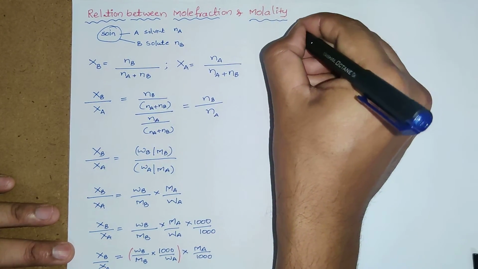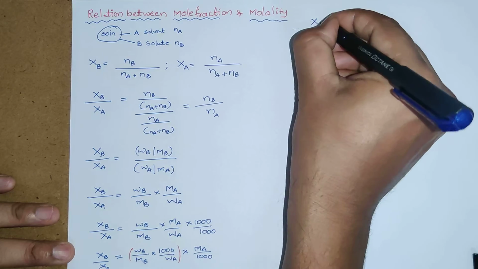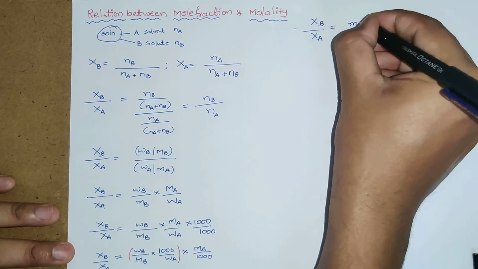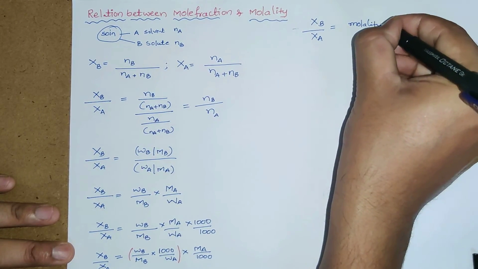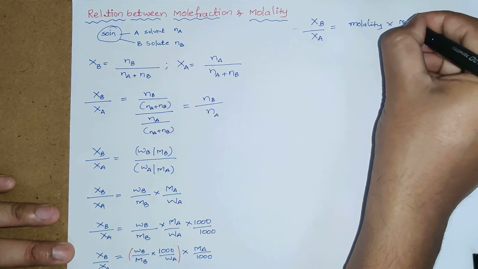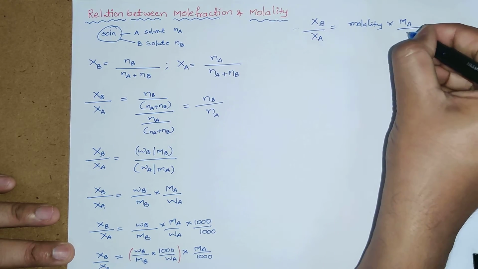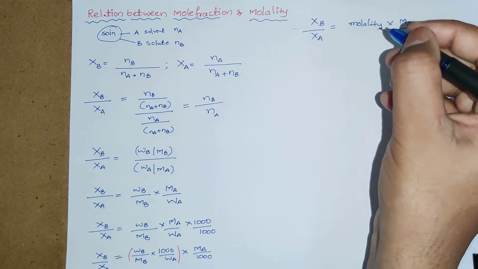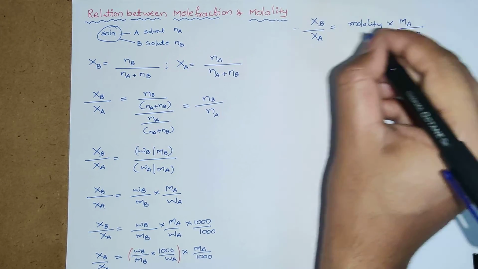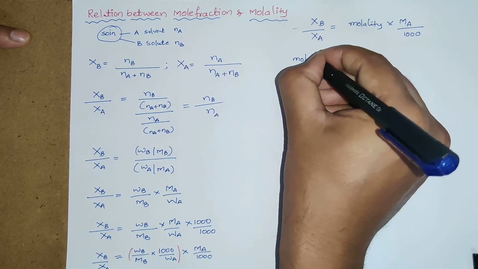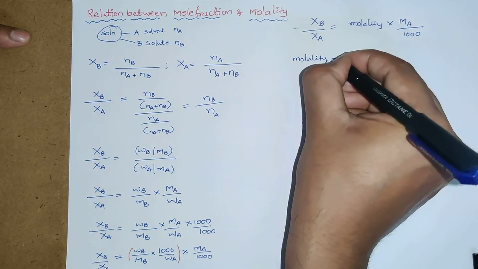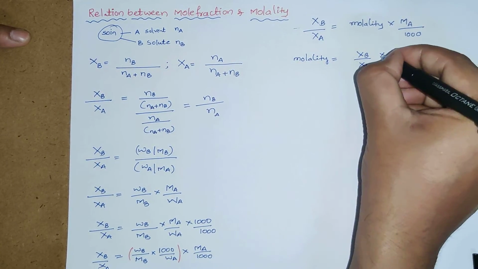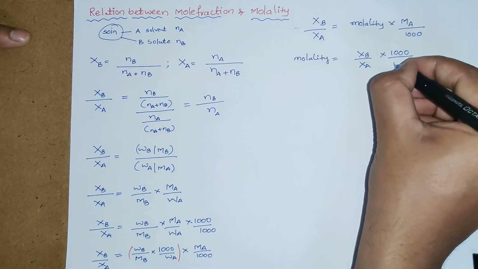Then we write that relation here: Xb by Xa is equal to molality into molar mass of solvent divided by 1000. This is the relation. Then I can write here molality is equal to Xb by Xa into 1000 by Ma.